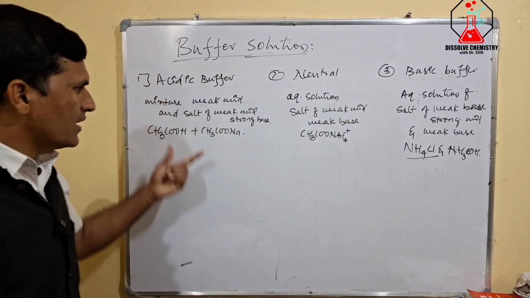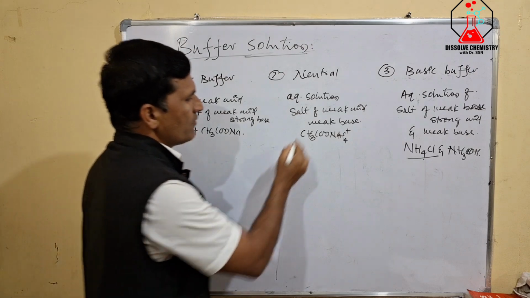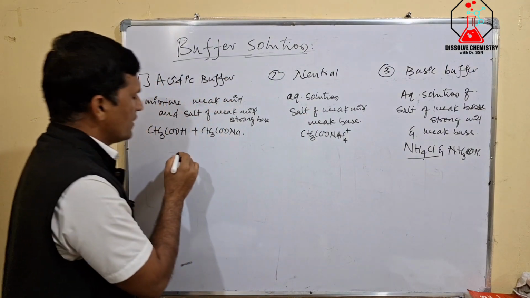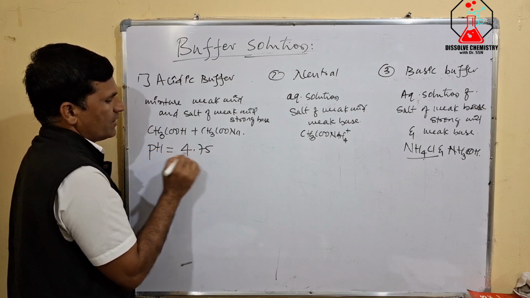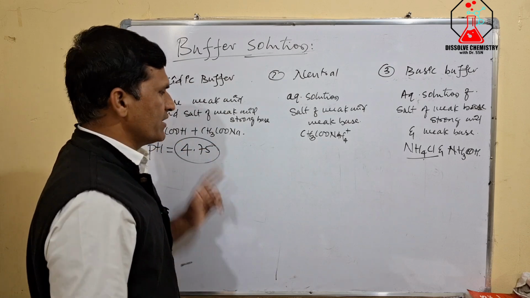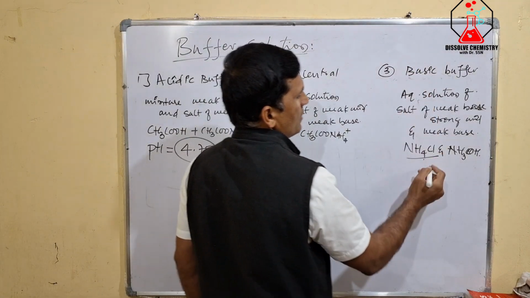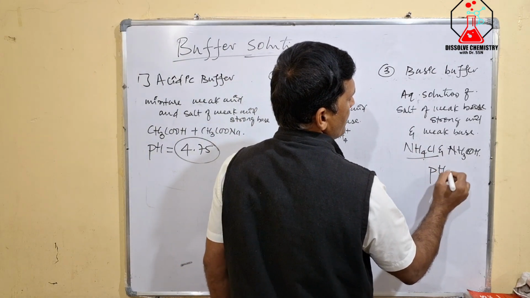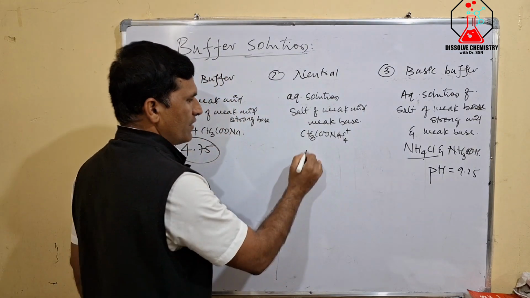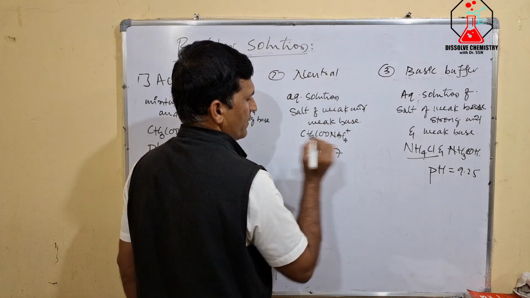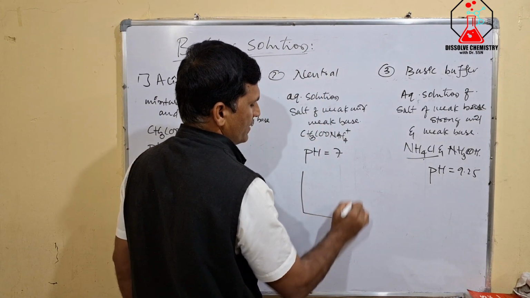Here we can maintain the pH constant at 4.75 using this mixture, here we can maintain the pH at 9.25, and here we can maintain the pH at 7. So how will this neutral buffer act, we will see that.